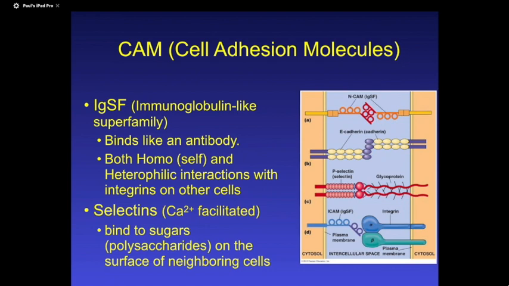Well, the selectins will be searching for that sugar, so that the sugar that is bound to the membrane of a cell and this cell bind together. They also do it in a calcium-dependent manner. Calcium's there, they bind really good. Calcium's not there, they don't bind very much at all. These are ways in which we hold cells together, the cell membranes together, to have integrity in our tissue types.